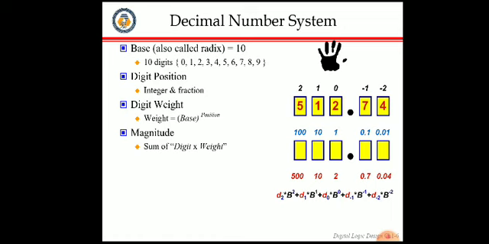The magnitude is the sum of each digit multiplied by its weight. For example, let us take the number 512.74. Let us take the integer part. In the units position, that means the 0th position, 2 is there.